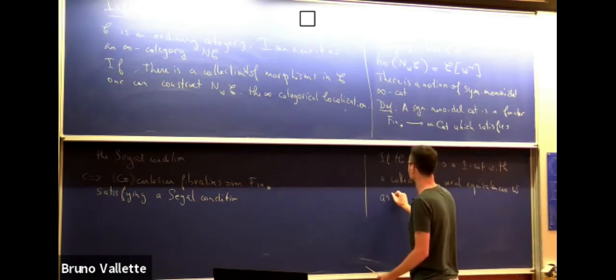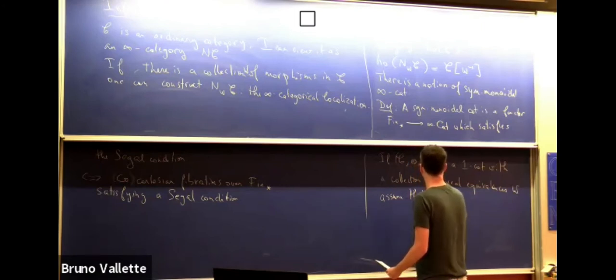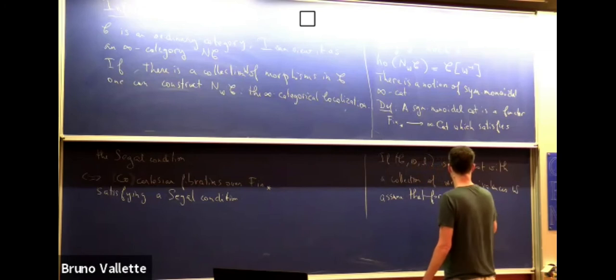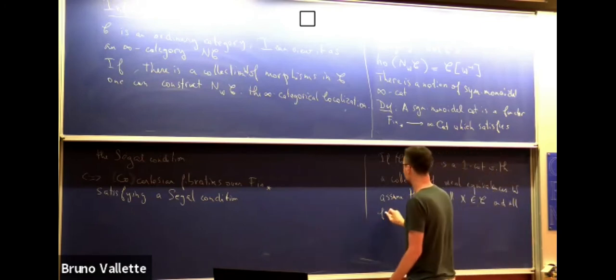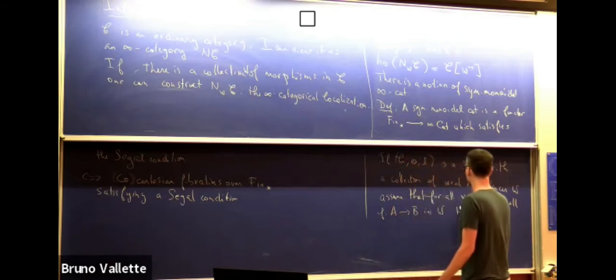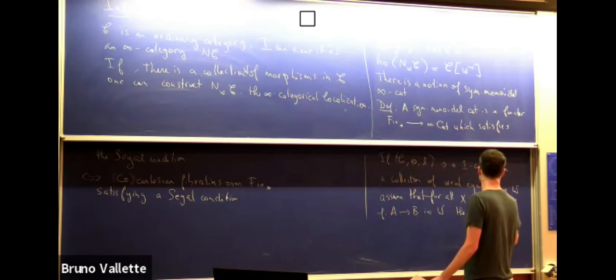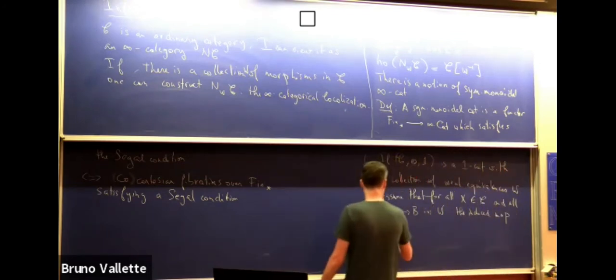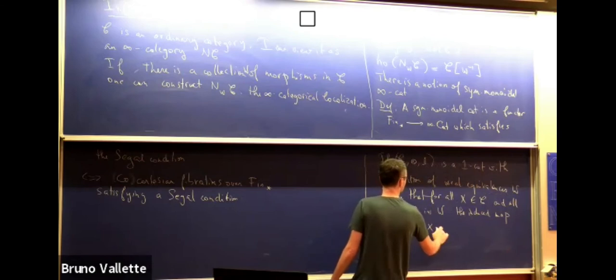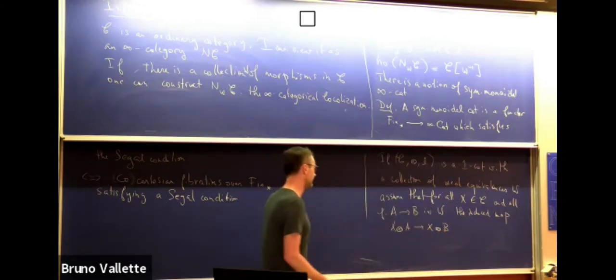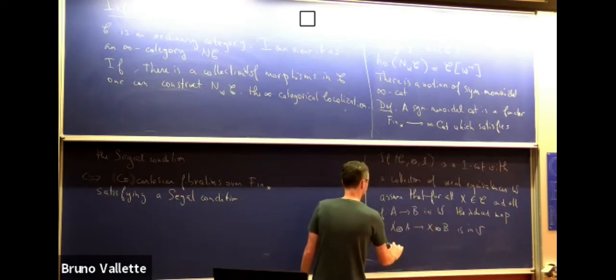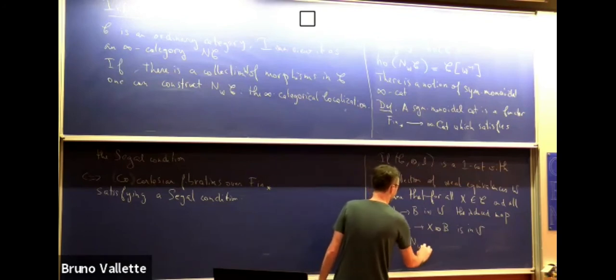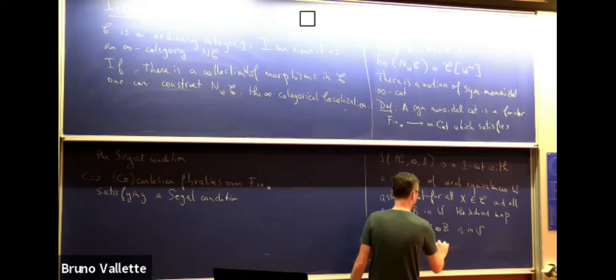So assume that for all x in C and all morphisms A to B in W, the induced map x tensor A to x tensor B is a weak equivalence. Then the infinity categorical localization inherits a symmetric monoidal structure.